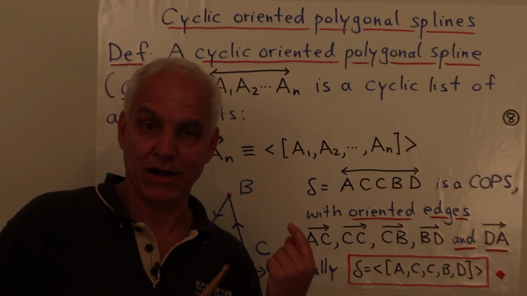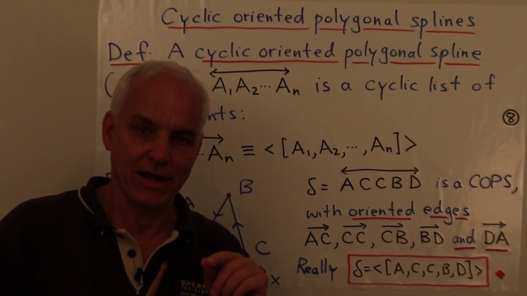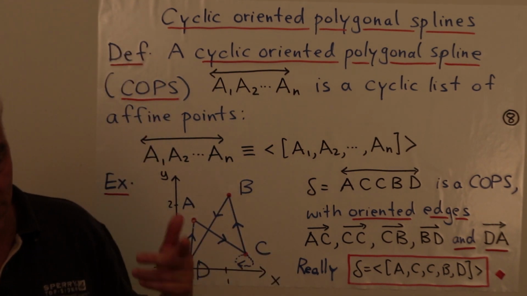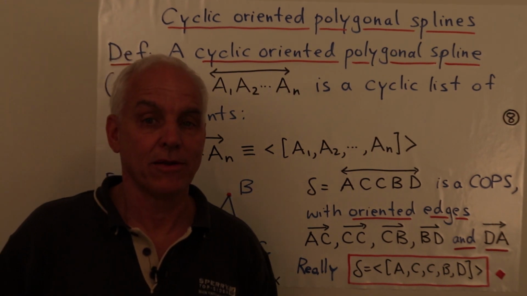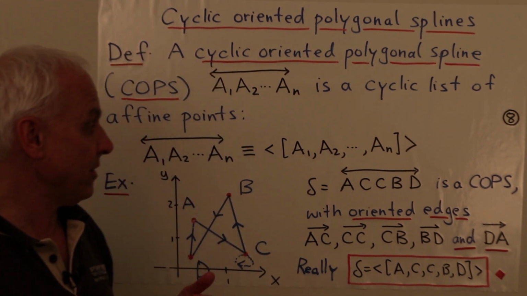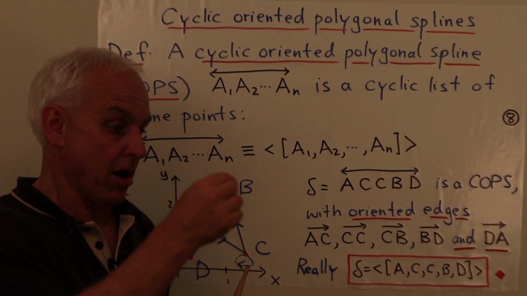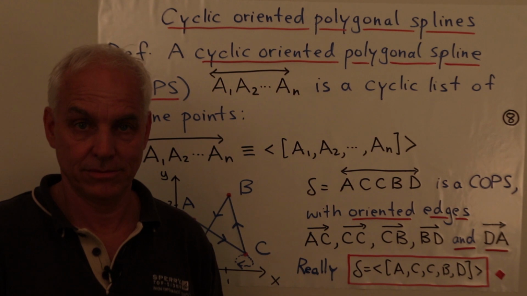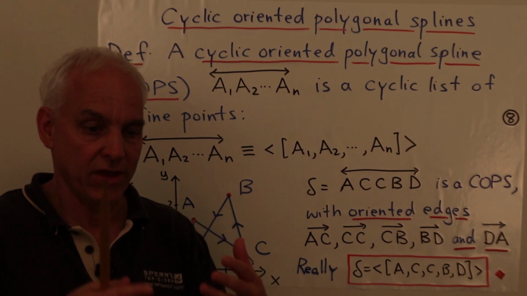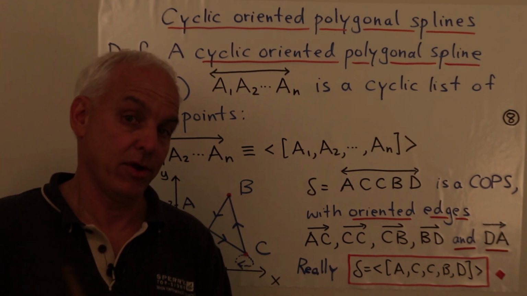So here we're also coming back to where we started. But the difference between an n-gon, an oriented n-gon, and one of these cyclic-oriented polygonal splines is that repetitions are allowed here. We're allowed to go back to where we were. We're allowed to stay where we are repeatedly if we want to. There's no restriction on the actual nature of the affine points in the oriented spline, in the cyclic oriented spline.